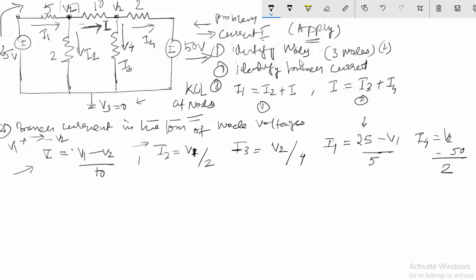After that, the fifth step is to find the two equations. This was my first equation and this was my second equation of the KCL. So make the KCL equations in the form of node voltages.